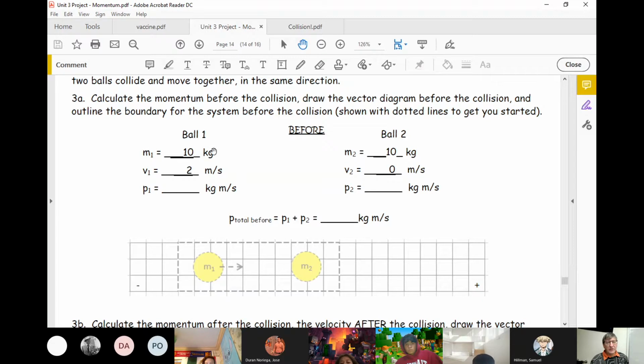They've already filled in the beginning of it for you. Then calculate the momentum of ball 2. Third, find the total momentum before the collision. All right, so do those three things. You should be able to do this in your head pretty quickly, I think.